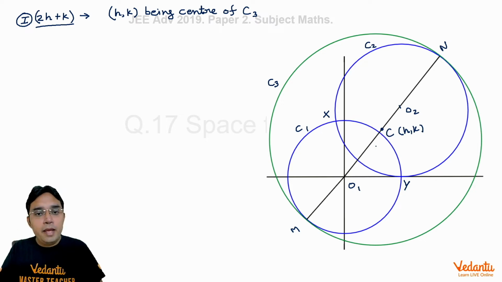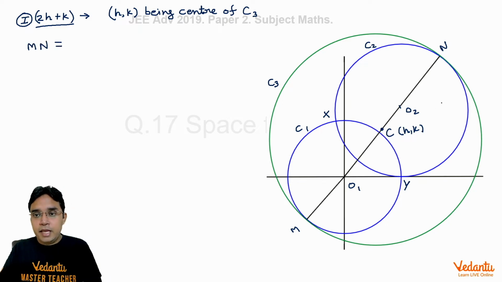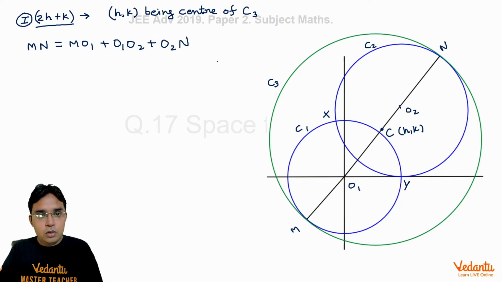Now to find (h, k), I will first try to find the length MN. I am breaking this MN into 3 parts: one is MO1, then O1O2, and then O2N. This MO1 is nothing but the radius of the smaller circle, so it will be 3.